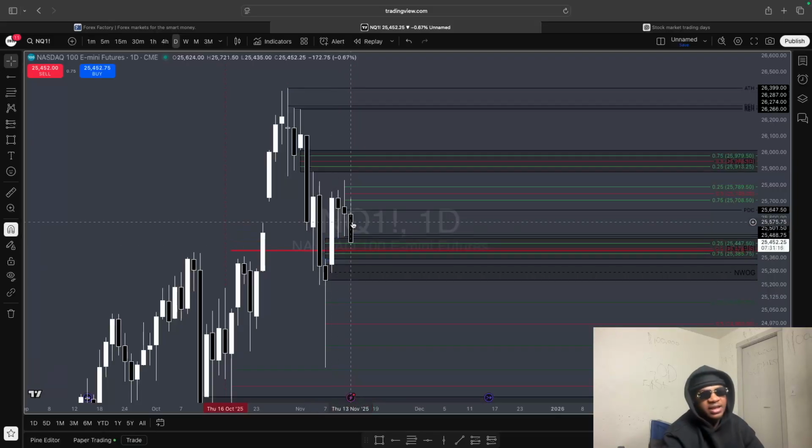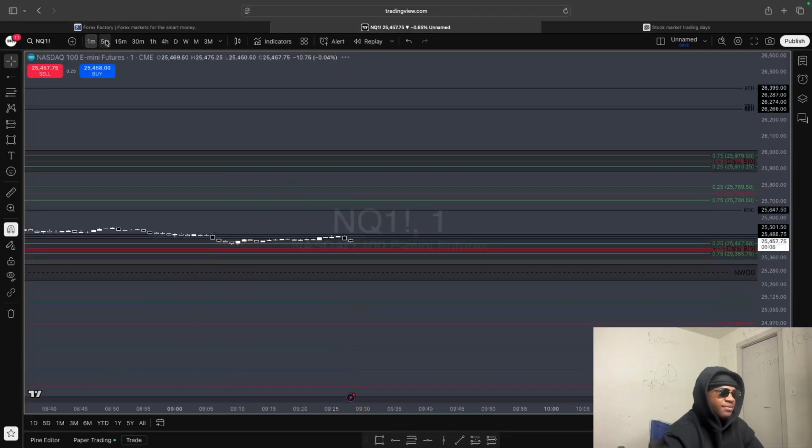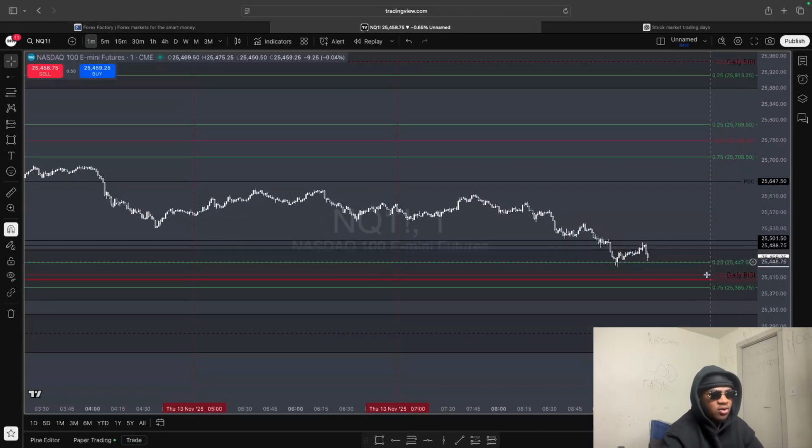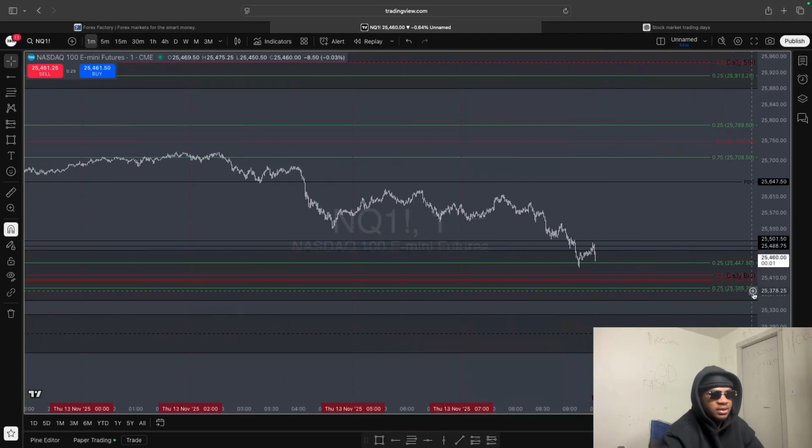So I know that based off where the previous day closed and where price is right now, that is going to be an opening range pre-discount gap type of day. So my bias automatically goes to being bullish.